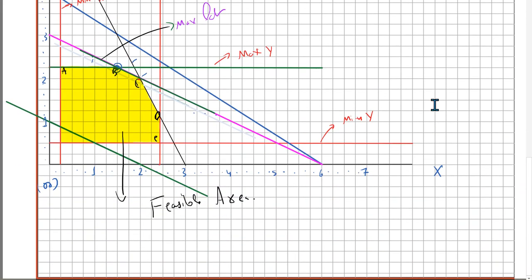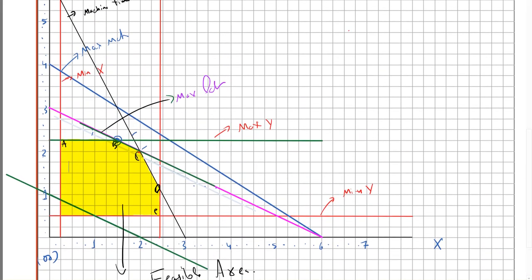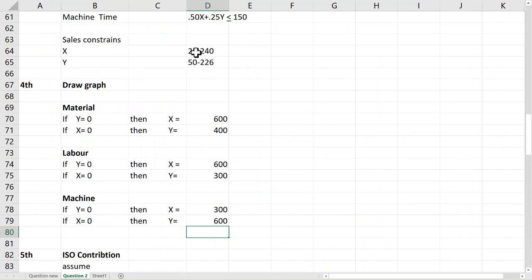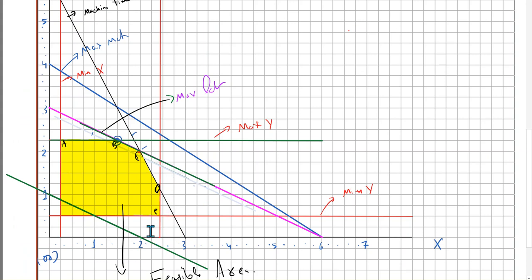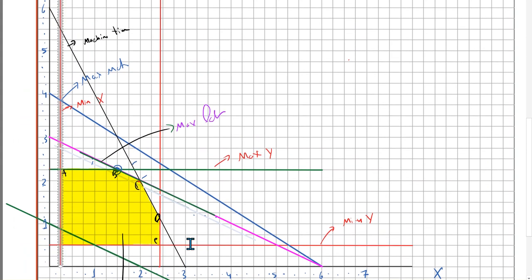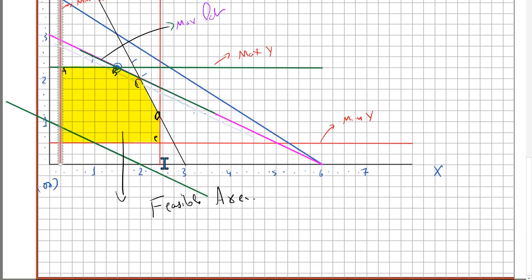And then sales constraints will be 2 lines each. We had minimum X 25 and maximum 240. So minimum 25 here, this line, and maximum 240, about here is 250, a little bit lower than that would be 240.